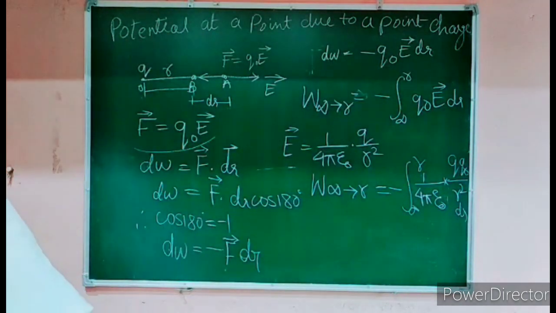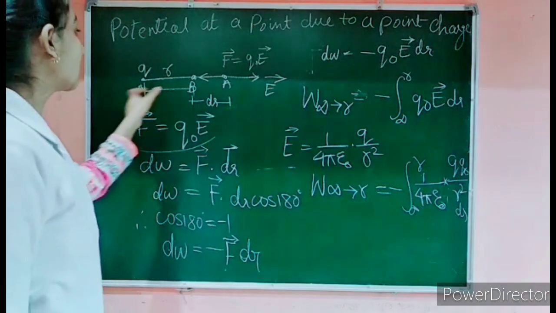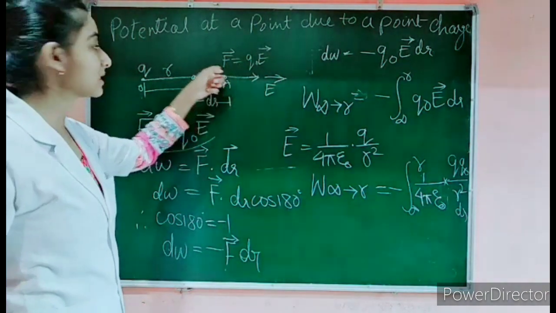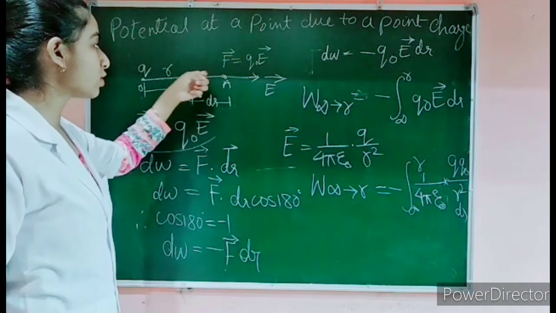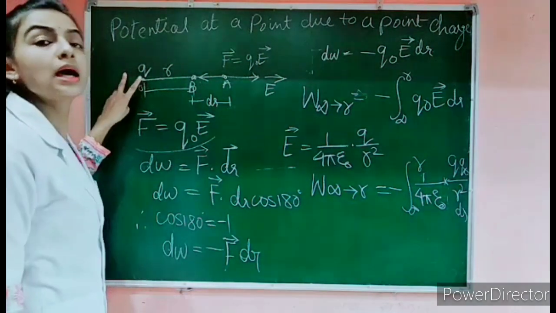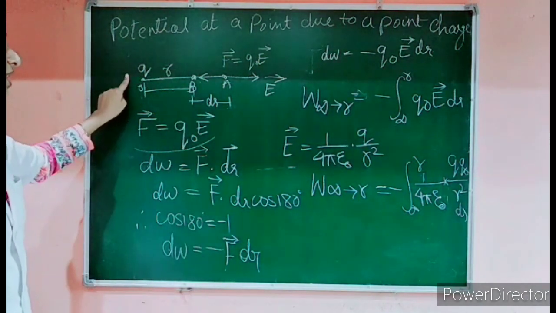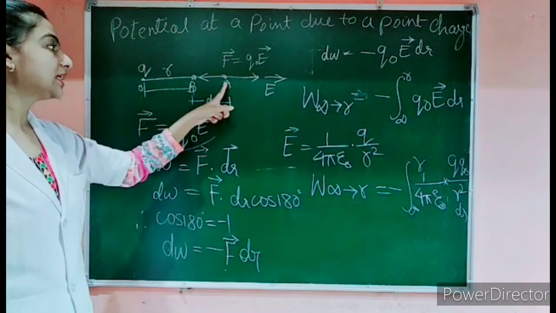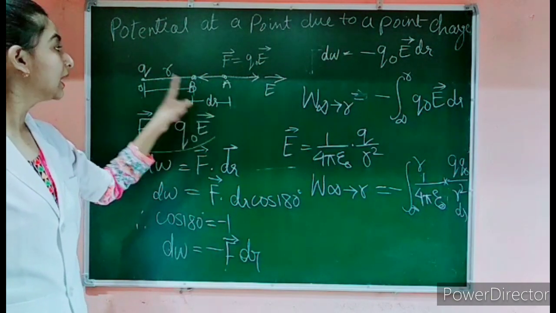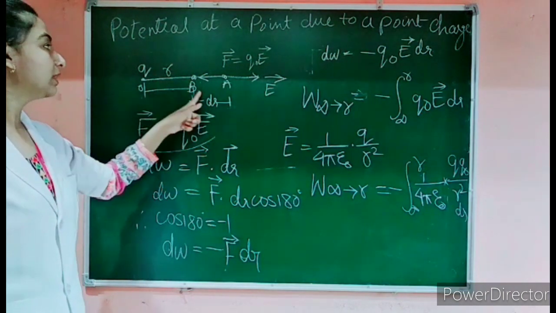Okay. Now what we have done, we are considering a point A here where some repulsive force is also present, because there is a positive charge Q. Now the distance we consider from A to B will be dr and from O to B will be r.